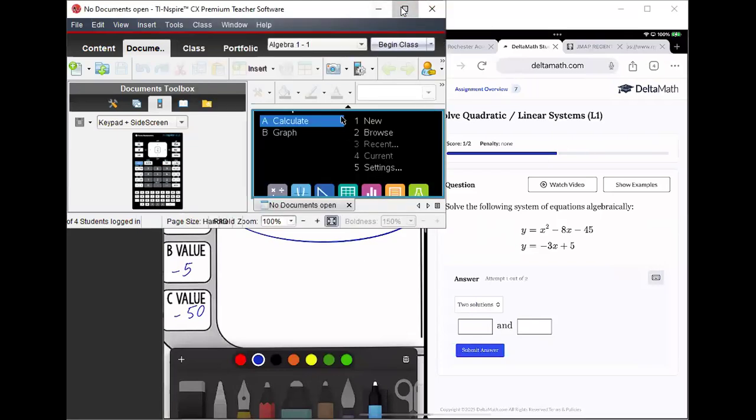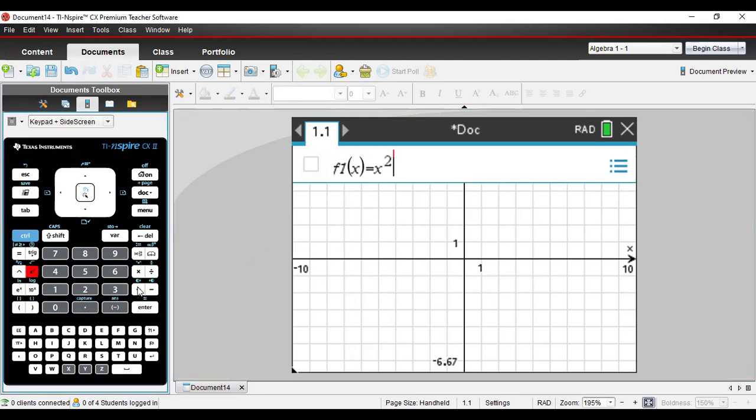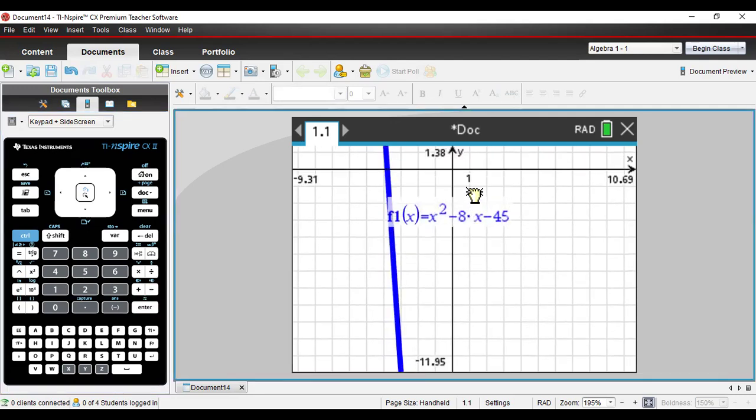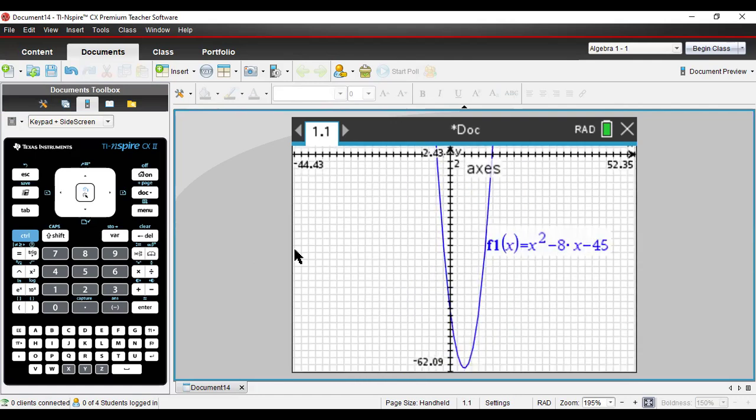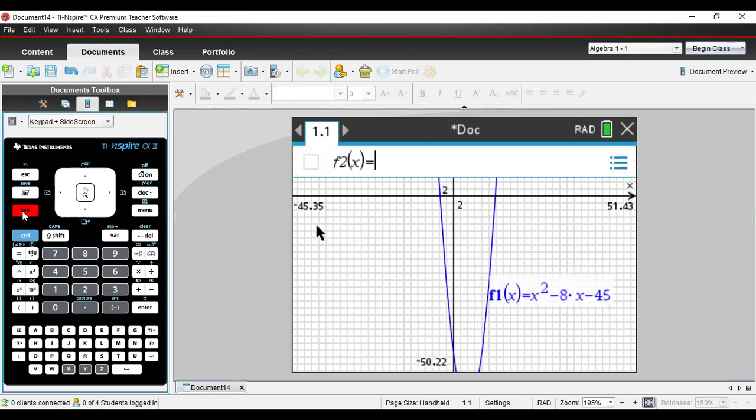So let me go here, and I'm just going to enter the two original equations they gave us. So the first one was x squared minus 8x minus 45. All right, press enter. So it's a quadratic. Yep, it's a quadratic. I got it here. Now I'm going to do the second one, the linear.